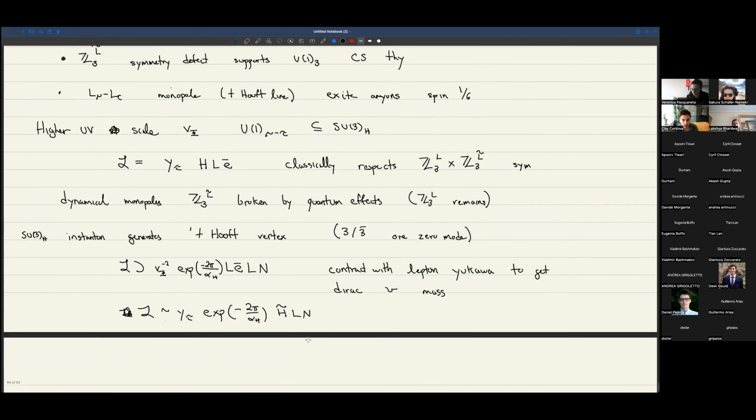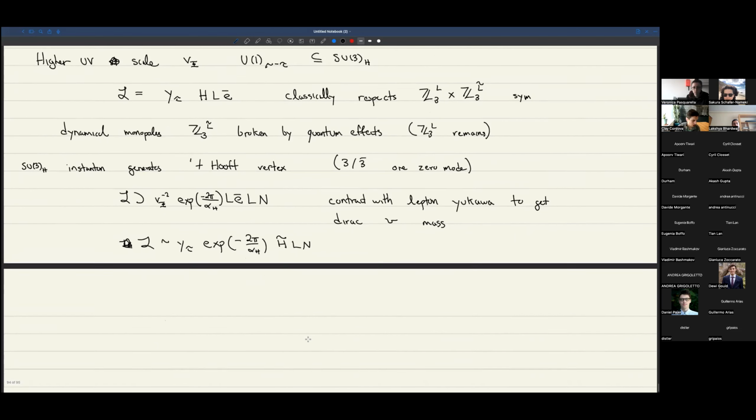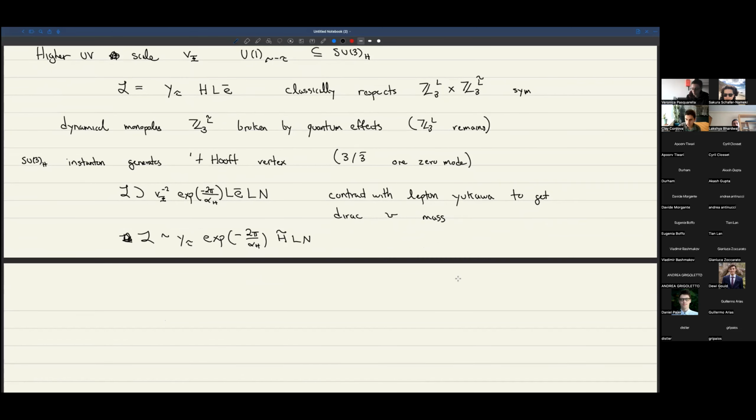So if you think about it in kind of like a diagram notation, we have something like this. There's some blob here. This is an SU3H instanton. And it has legs that look like this. It has an N leg and it has 2 L legs and an E bar leg.